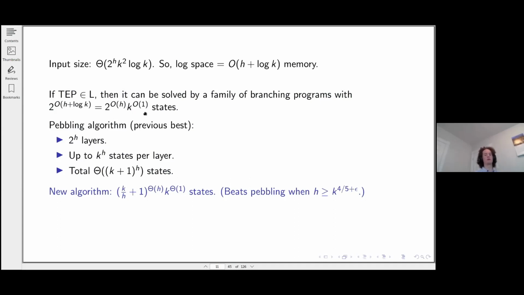But this is not a log space algorithm either, because we still have this power of k to the h, effectively. So neither of these algorithms rule out the possibility that maybe we'll be able to prove that tree evaluation problem is not in log space. But the existence of this new algorithm does at least tell us that if we want to prove this, doing it by arguments about pebbling strategies is not going to be the right approach.